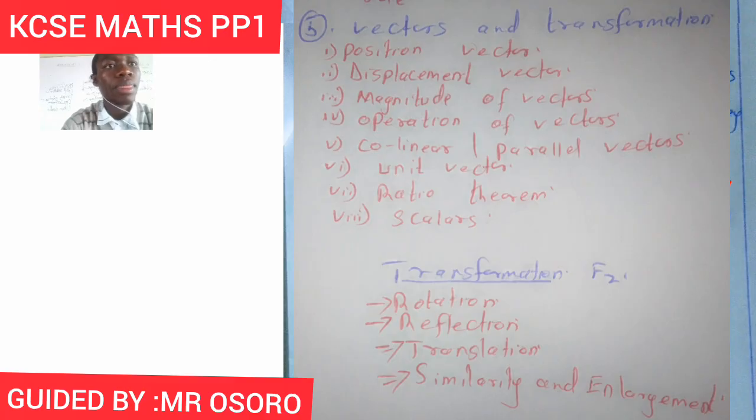And then when we move to transformation, this is a Form 2 topic. You're supposed to know reflection and all that appertains to it. You're supposed to know rotation. This is a Form 2 topic. You're also supposed to know translation, Form 2 topic.